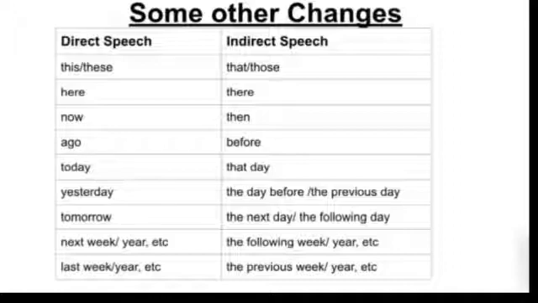Next, here, there; now, then; ago, before; today, that day; yesterday, the previous day; tomorrow, the next day; next week or next year, the following week or the following year; last week or last year, the previous week or the previous year.